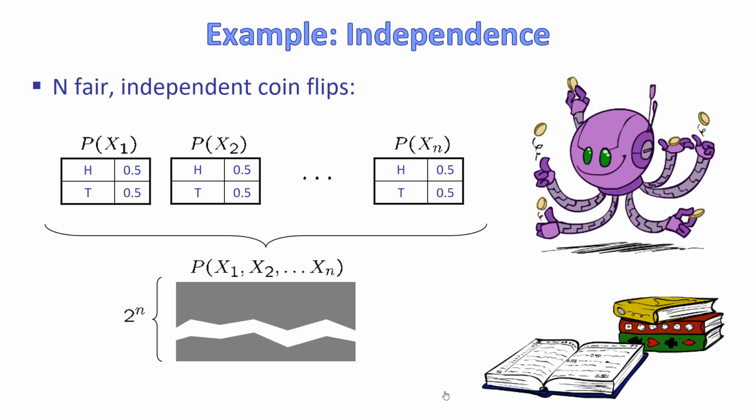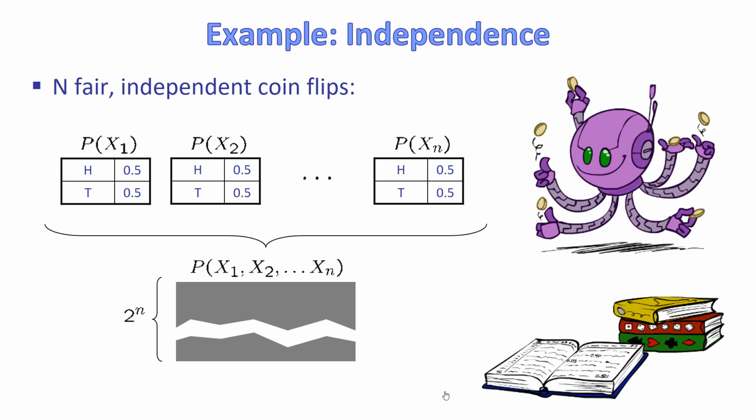Another final example about independence is having independent coin flips. If we have n independent coin flips, then we can represent the joint distribution by just n very small tables, which are the probability distributions of each.